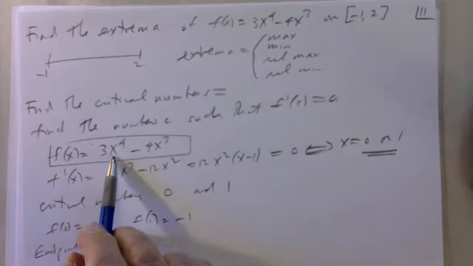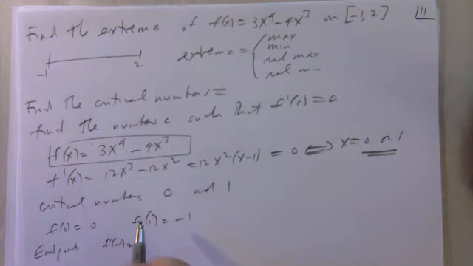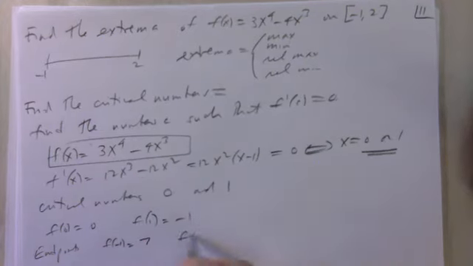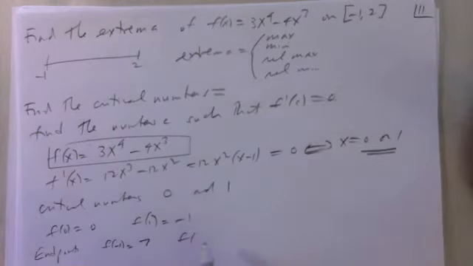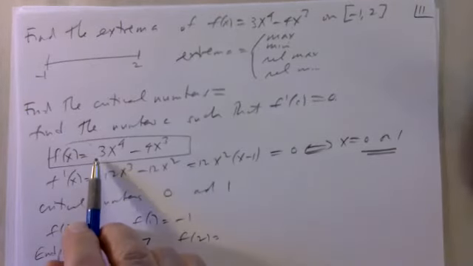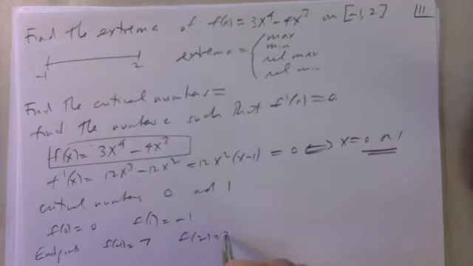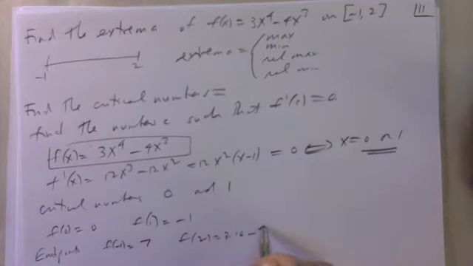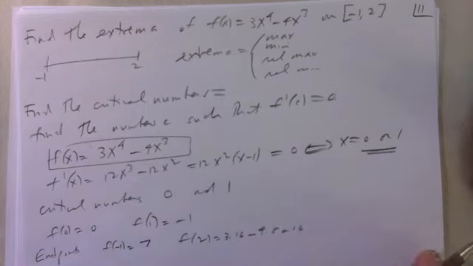When you plug in -1, you get 3 plus 4, which is 7. And the other endpoint is 2. f of 2 is 3 times 16 minus 4 times 8, 48 minus 32. This is 16.